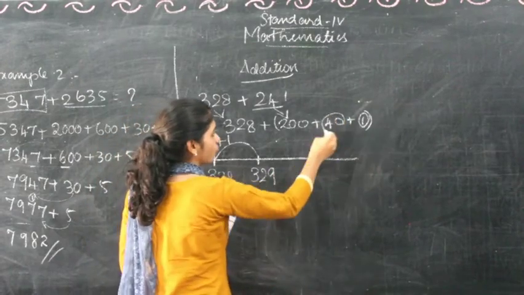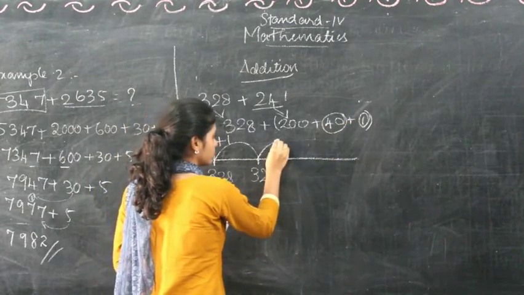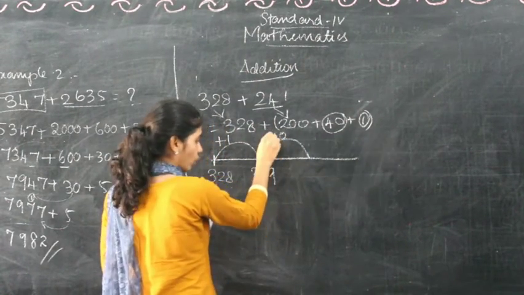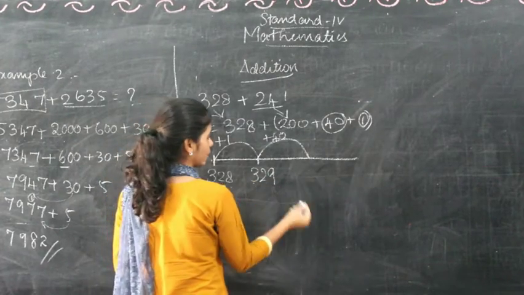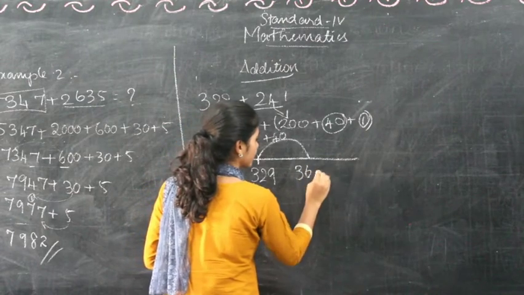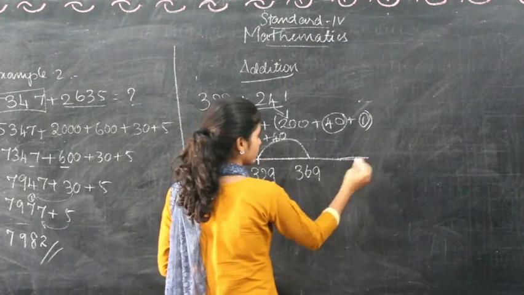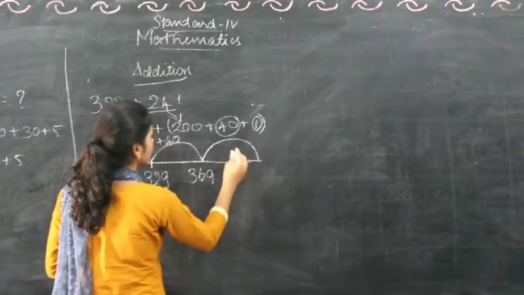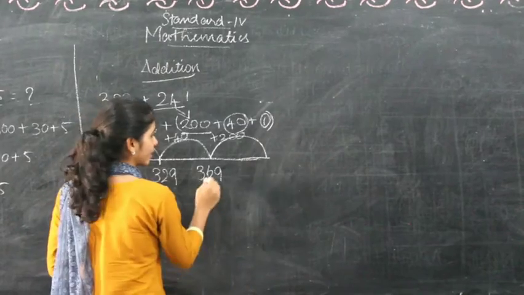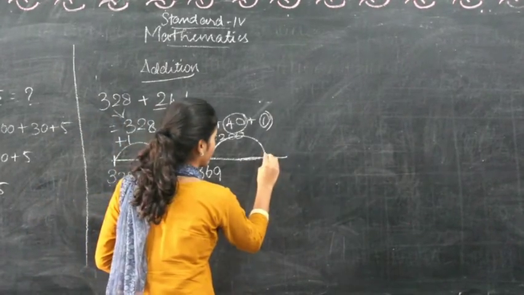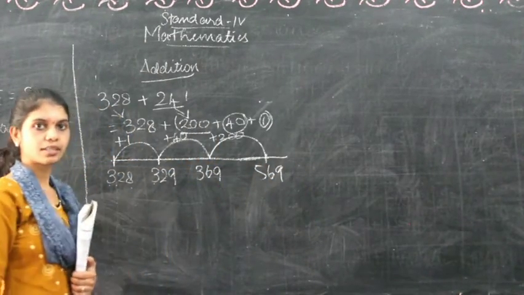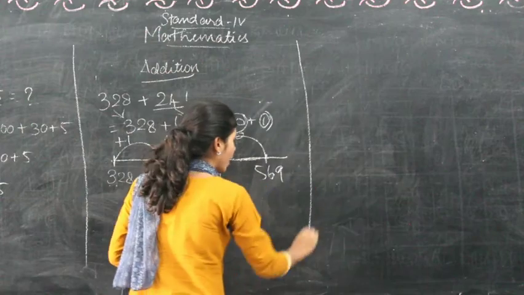Then we are adding 40 to 329, which will give you 369. Now we are adding 200, which is left, to 369, which will give you 569. So these are the other methods that we can solve an addition problem.